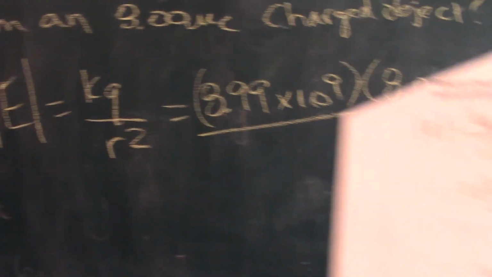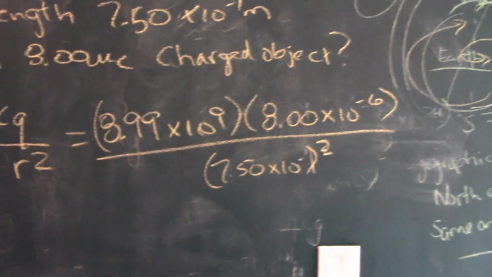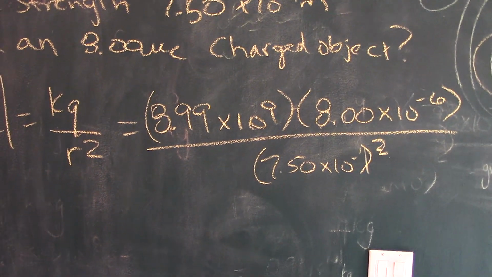And my distance is 7.5 times 10 to the negative 1. And that's over r squared. So I can solve for electric field strength with that equation.